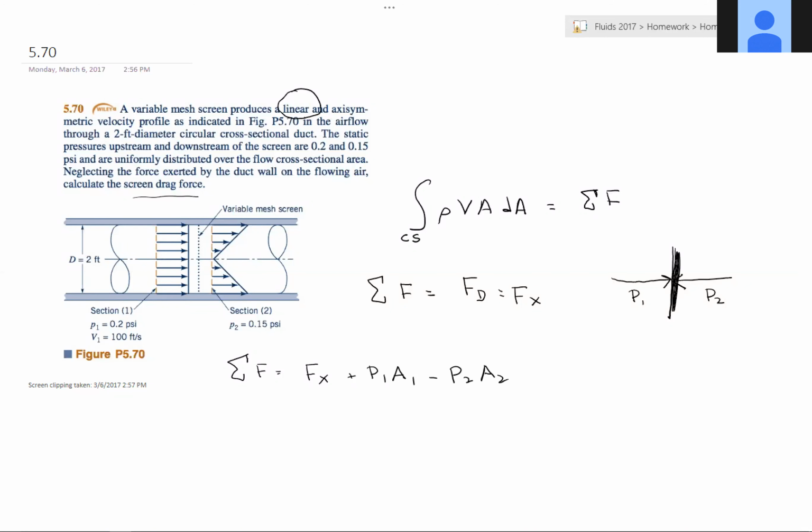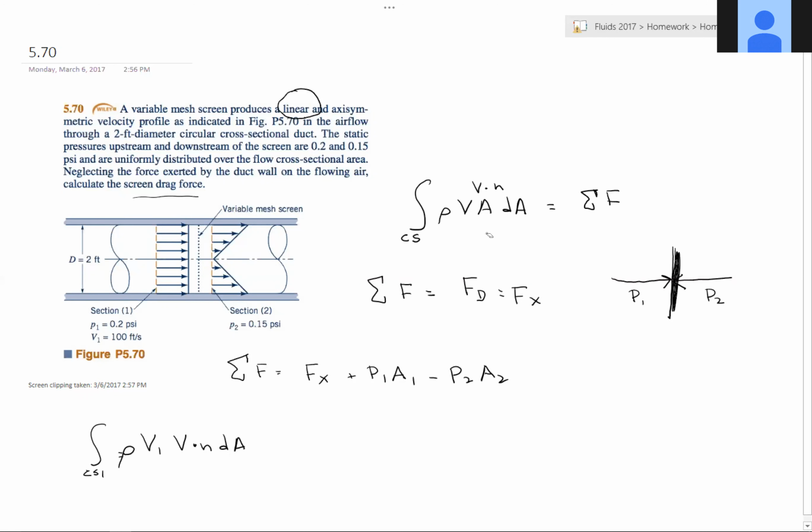Now let's go to the control surfaces, which is 1 and 2. And we'll start over control surface 1. And so that's going to be rho. Do we know our V1? Yep. Sorry, this should have a V dot N in it. So we have our V1, our V dot N dA.